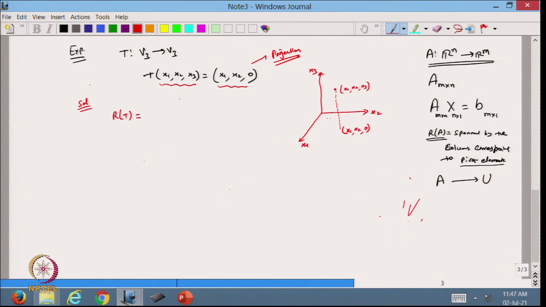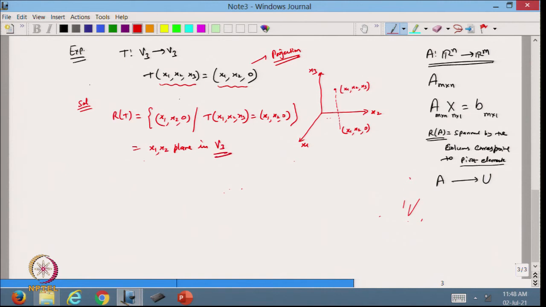If you see from here, the range space of T is the set of all elements (x1, x2, 0) such that T of (x1, x2, x3) is (x1, x2, 0). It means in this case my range space will be completely the xy plane. So, I can very easily define that this is equal to the x1, x2 plane in V3.